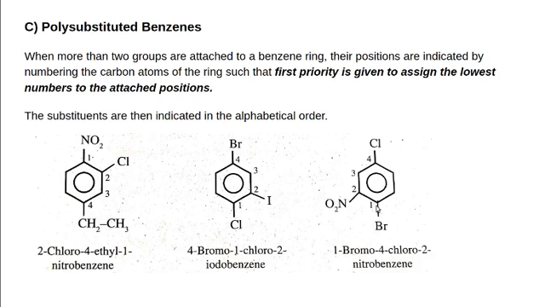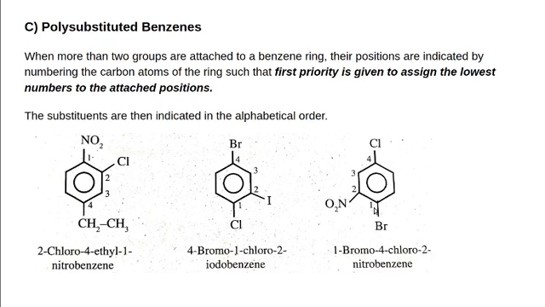If we name in this way, 1, 2, 3, 4, 5, 6, then the position numbers of the substituents will be 1, 4 and 6, so the sum will be very high. If we name in this way, 1, 2, 3, 4, then the substituent numbers will be 1, 3 and 4. In that case also the sum will be very high.